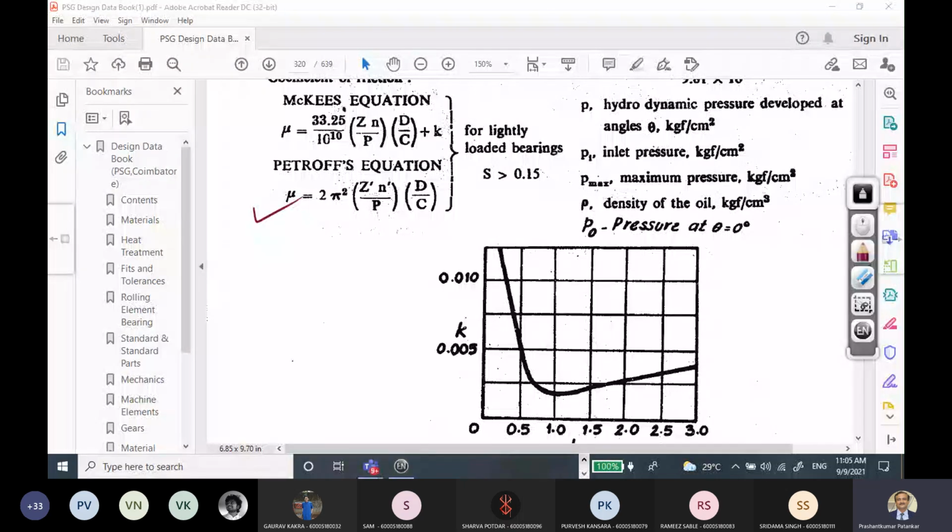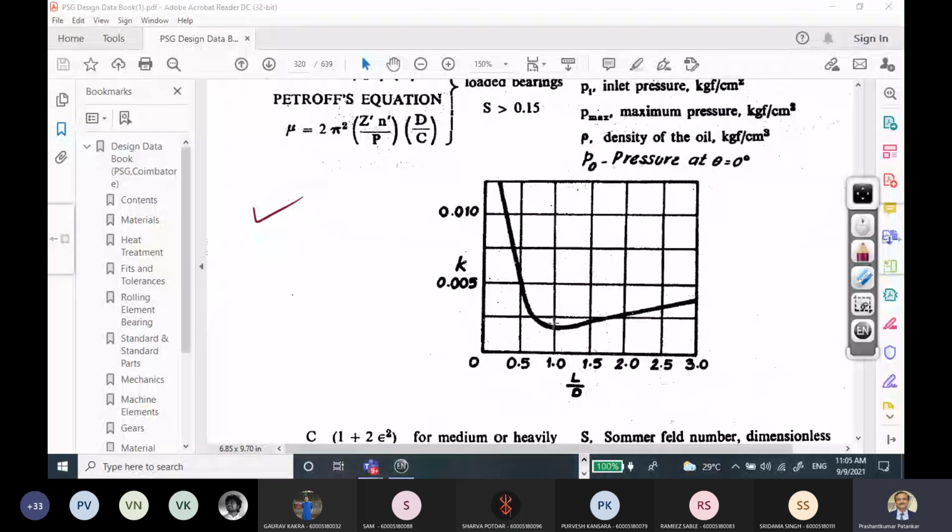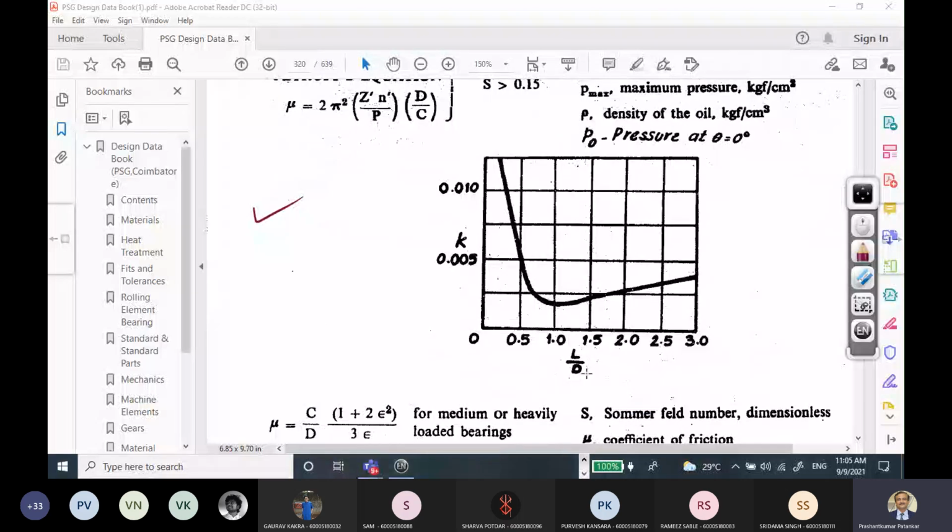And further from this equation only, if you see this particular graph very carefully, what they have done is taken along the x-axis the L by D term. L by D is nothing but the ratio of the length of your bush to the diameter of your shaft, and along the y-axis we are taking the viscosity of your lube oil.